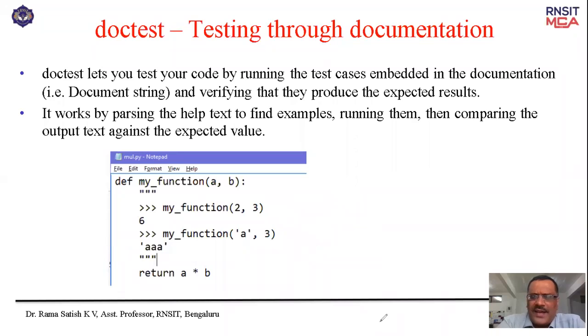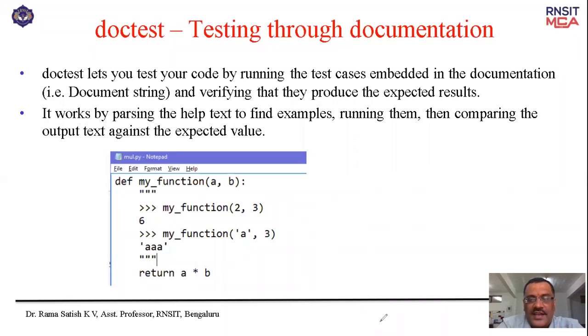A couple of years back, I saw a question paper: explain the uses of docstring. Everybody wrote only that docstring is a help string that explains the usage of a particular function or class, but nobody spoke about doctest.